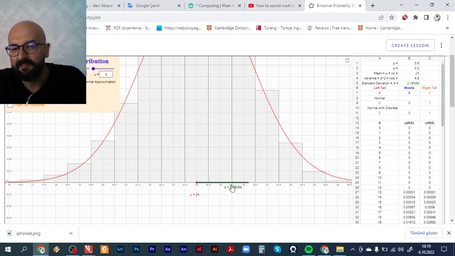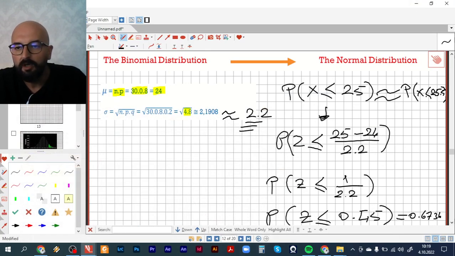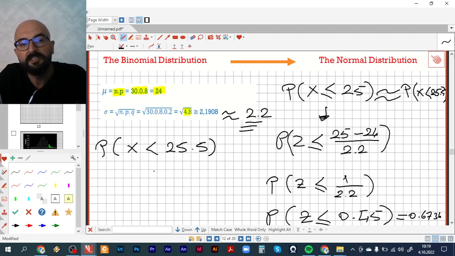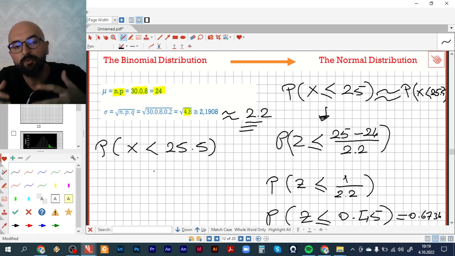It's called continuity correction. If we compute the probability of x less than 25.5, it's a very close approximation to the true value.